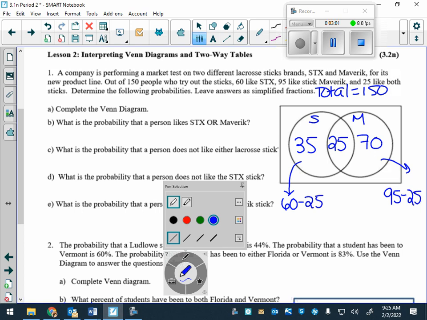Now, if we add those 3 numbers up, what do we get? 130, but what do we need? 150. So we have a 20 that is what?